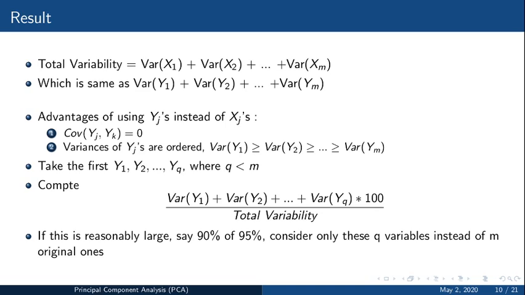If this percentage is reasonably large, like 90% or 95%, which is under consideration, so if you are satisfied with 90%, you can stop at some value of q. So instead of m original variables, you can stop with q variables.